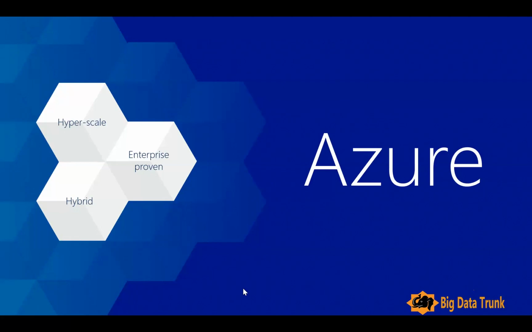In that case, it's enterprise proven, and of course enterprises are already using this particular Microsoft Azure cloud service. And at the end it says hybrid, so easily available, highly flexible. These three things make a complete Azure feature here.